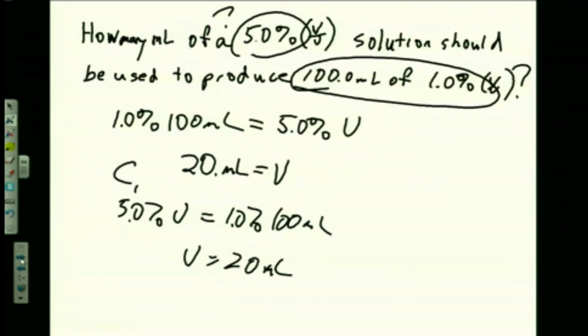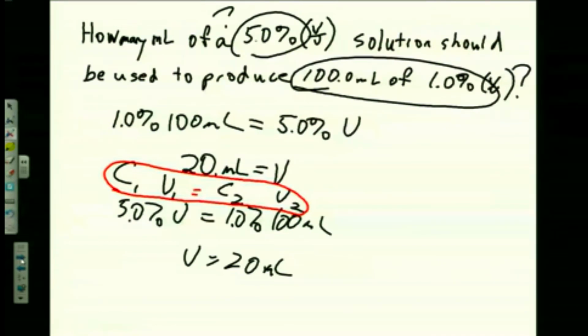Yeah, C1, V1 equals C2, V2, but I write it down vertical, straight down. So you just do like a little chart. Yeah, that works. I don't know if that helped you out or not, for anybody.